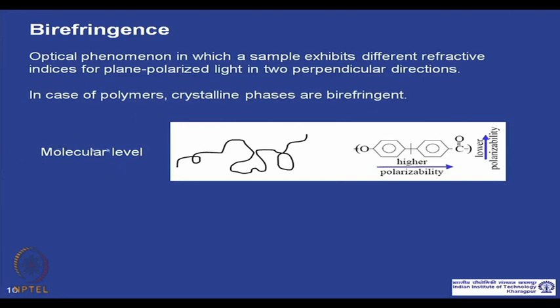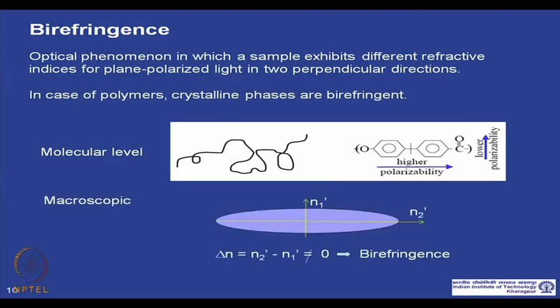In terms of the molecular level, the polarizability in one direction and the perpendicular direction differ, for example in aromatic polycarbonate, where they are very different. So, they are molecularly birefringent, but we do not measure the molecular birefringence, we measure the macroscopic birefringence of a sample, and that is given by the difference in the refractive index in the two different directions.